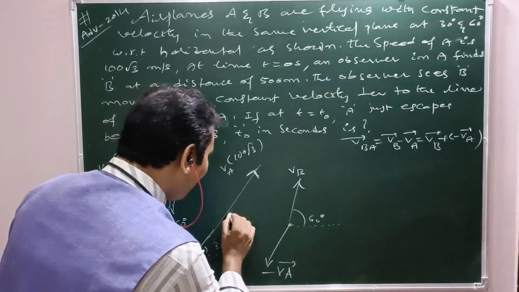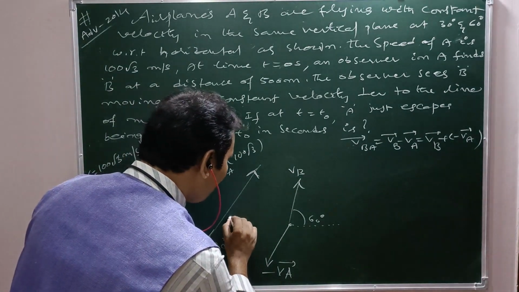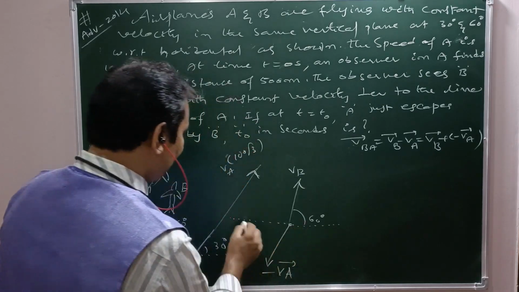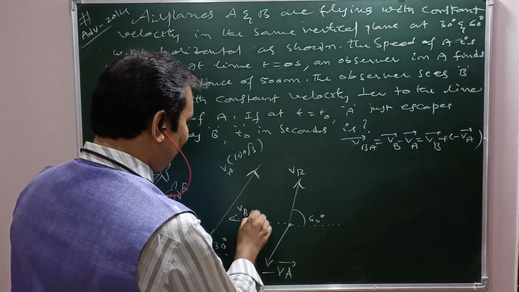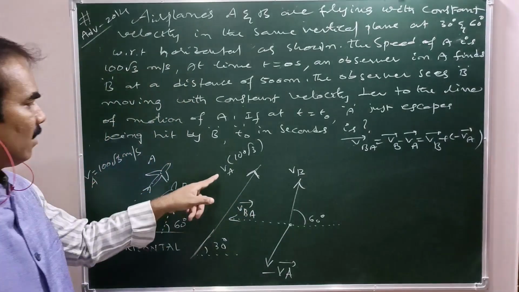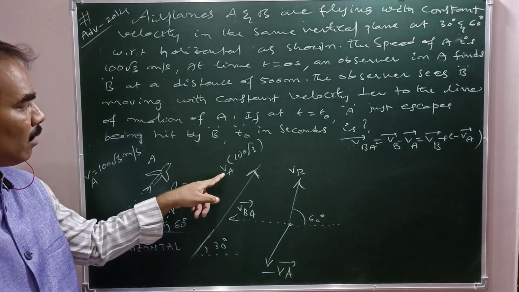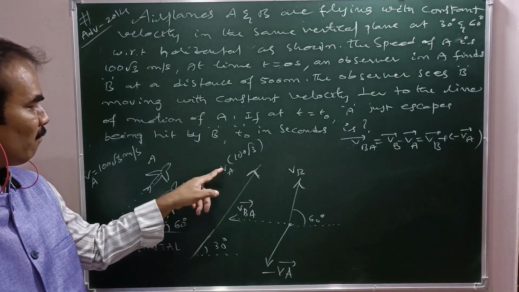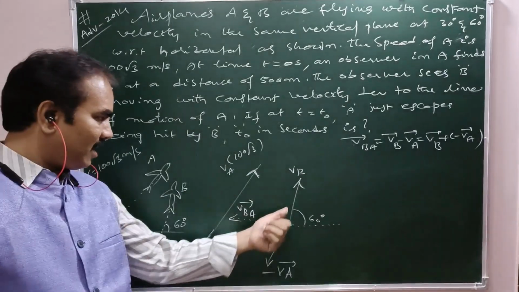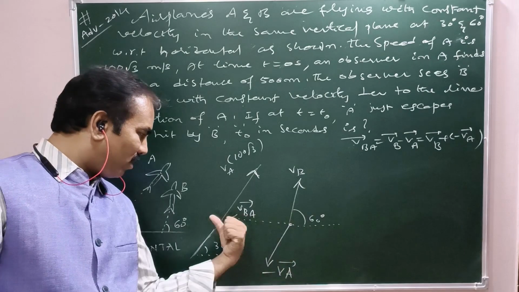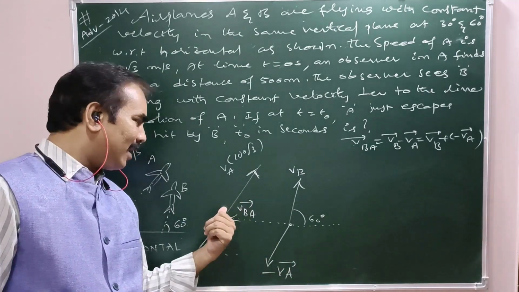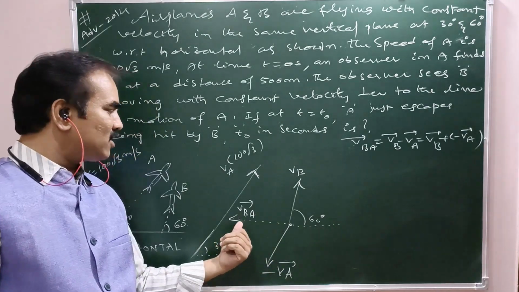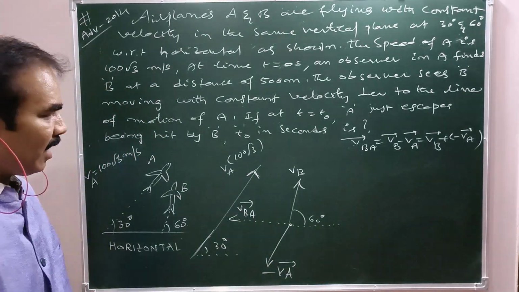So this is VBA bar. Why? Because the passenger from plane A finds that B is heading towards plane A on a perpendicular line. So this is the velocity of B with respect to A, right?